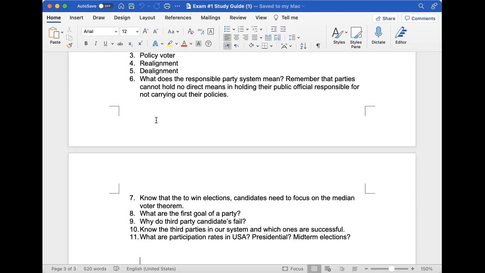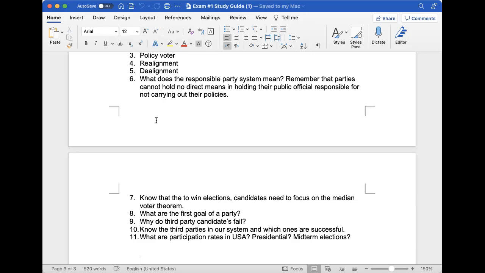Know some of the third parties out there, like the Libertarians, which is the most successful. The Green Party is another one that has had some effect on our system in the past, especially in the 2000 election.